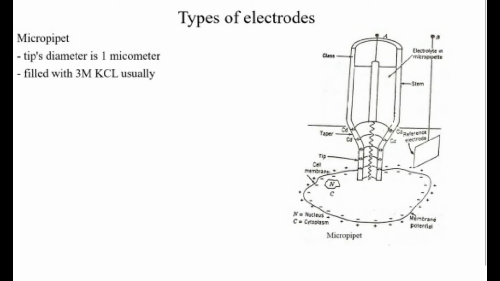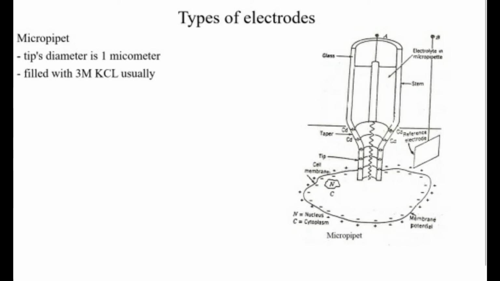Micropipette. The non-metallic micropipette consists of a glass micropipette whose tip's diameter is about 1 micrometer. The micropipette is filled with an electrolyte, usually 3 molar KCl, which is compatible with the cellular fluids.